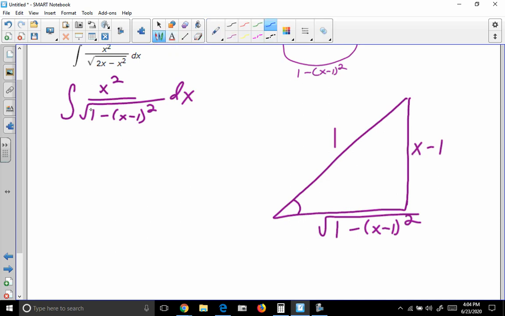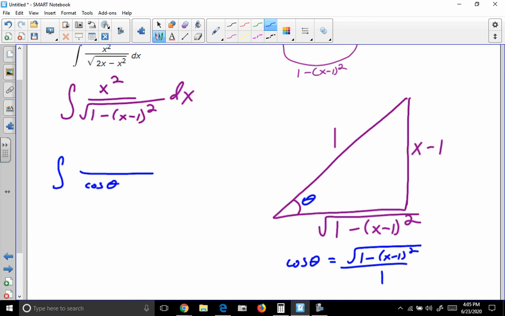So let's come up with an expression for the denominator. We call this theta. Notice the radical over 1, that's the ratio cosine. Cosine is the radical over 1. On the bottom, we're going to put cosine. Now we need to come up with an expression for x.